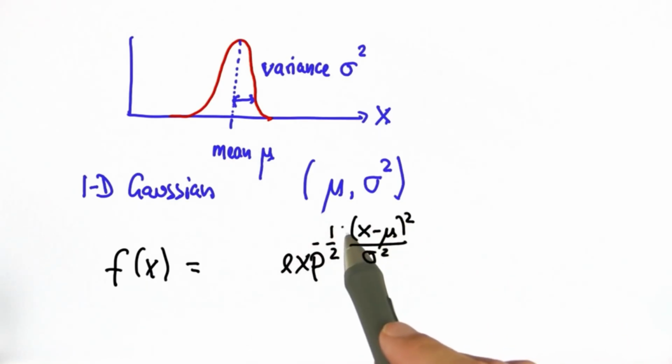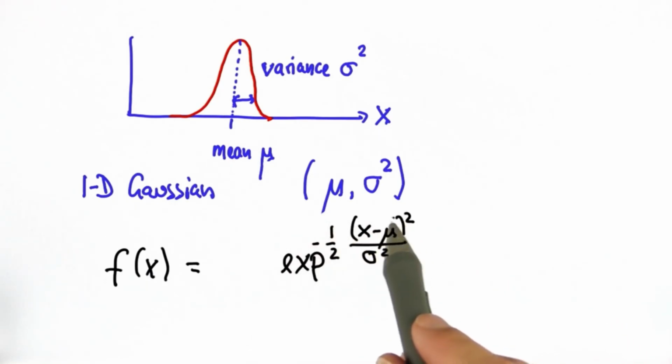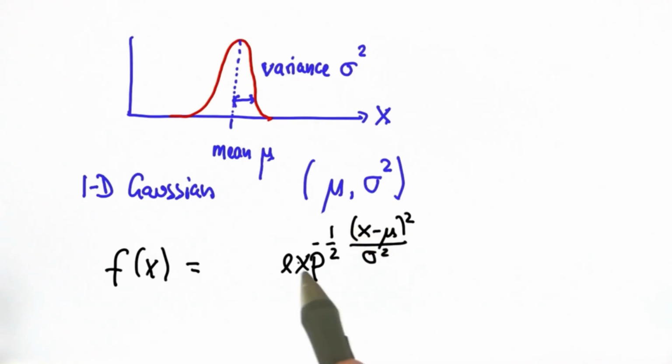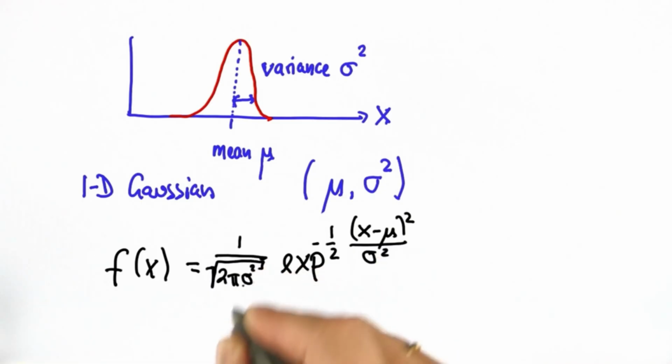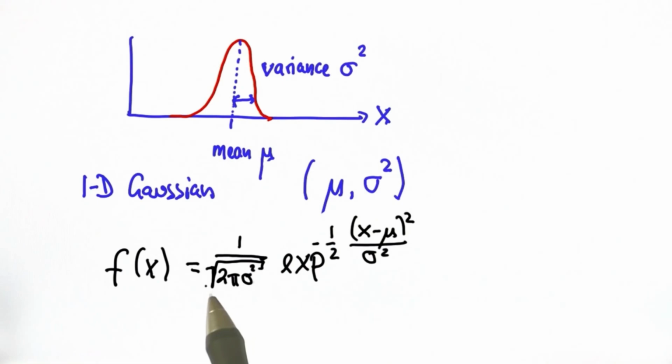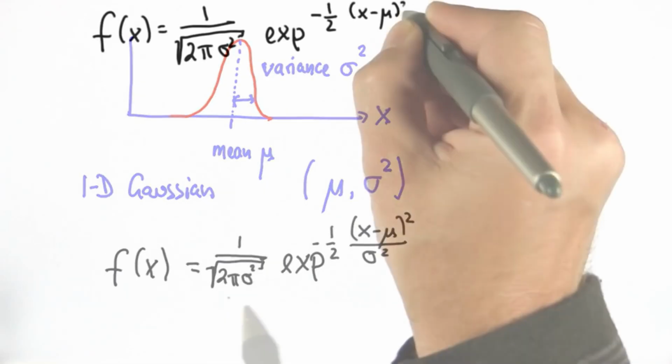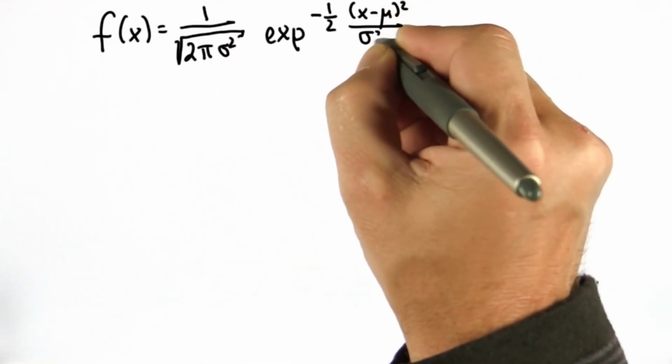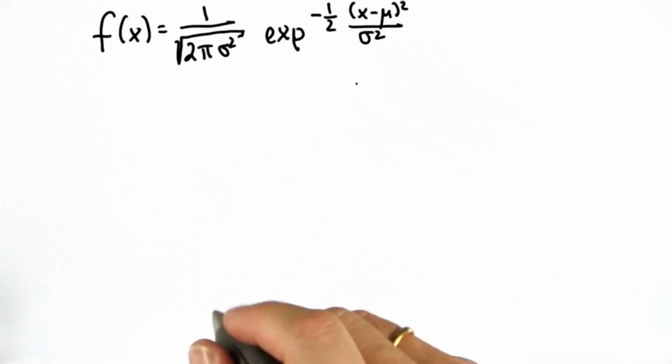Now if x equals mu, then the numerator becomes 0, and we have exp of 0, which is 1. It turns out we have to normalize this by a constant, 1 over the square root of 2 pi sigma square. But for everything we talk about today, this constant won't matter, so ignore it. What matters is we have an exponential of a quadratic function over here.